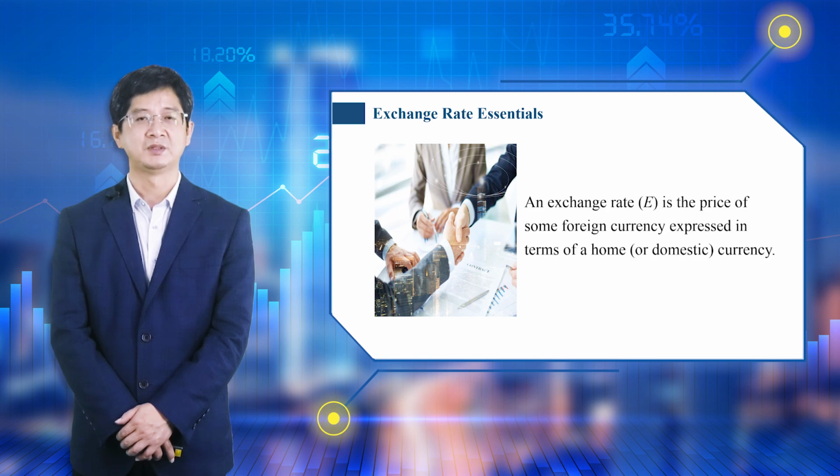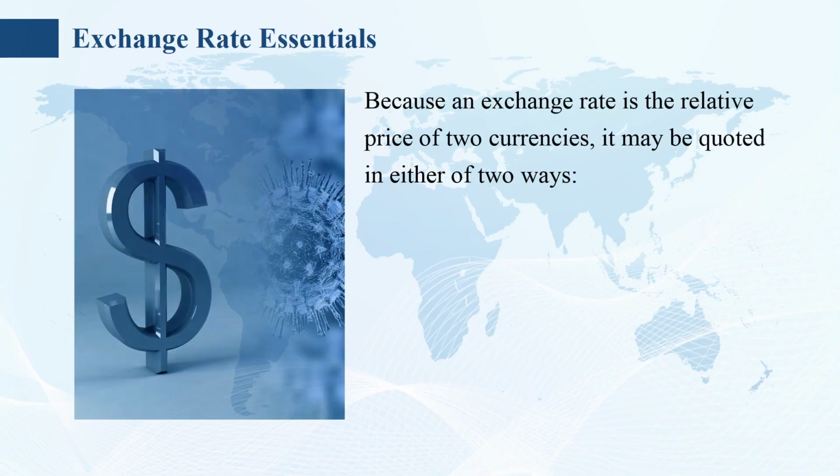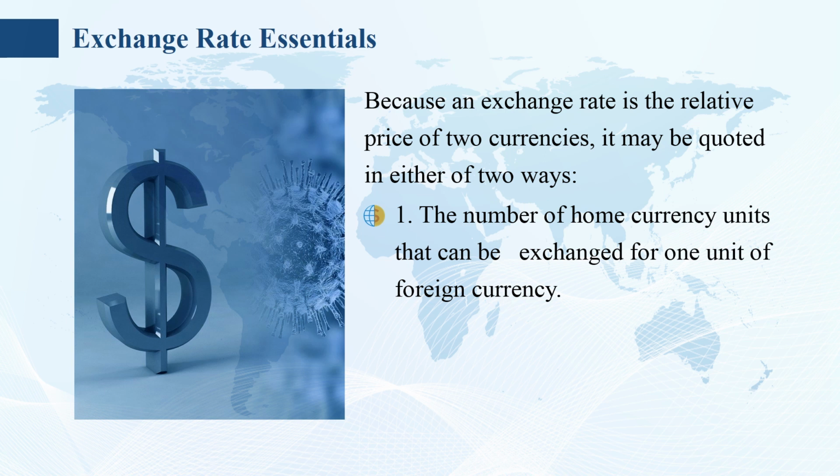An exchange rate is the price of some foreign currency expressed in terms of a home currency, because an exchange rate is the relative price of two currencies. It may be quoted in either of two rates. First, the number of home currency units that can be exchanged for 1 unit of foreign currency.